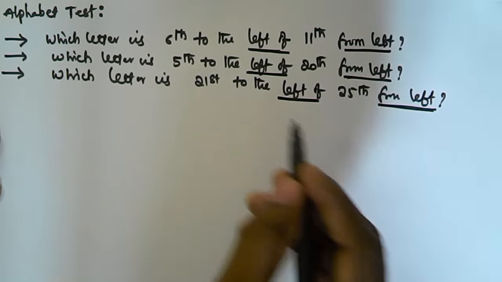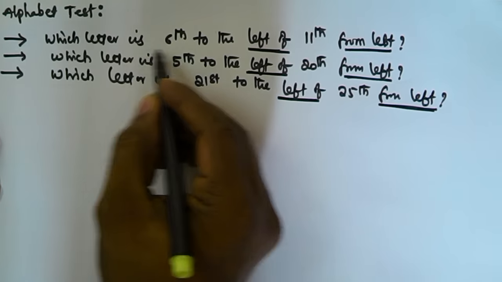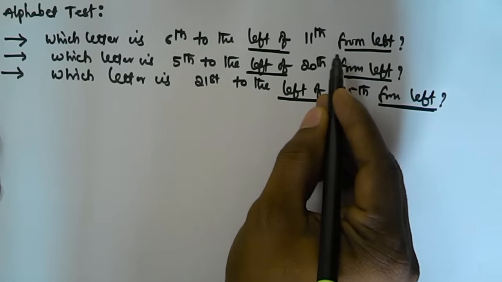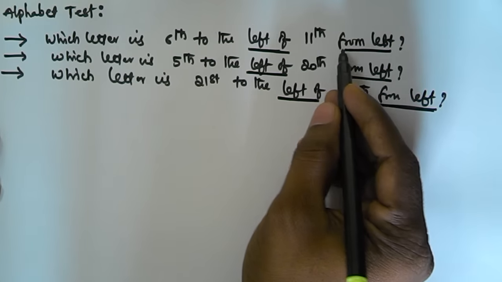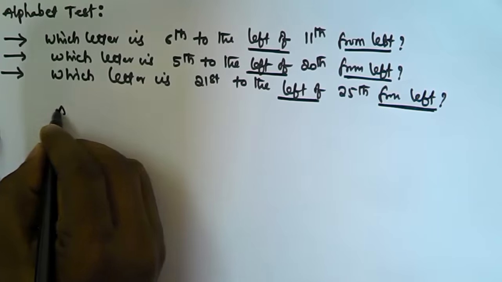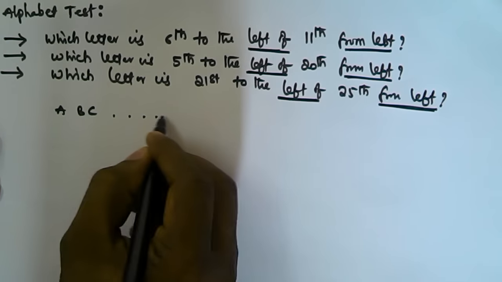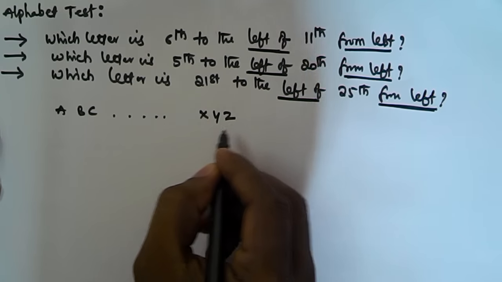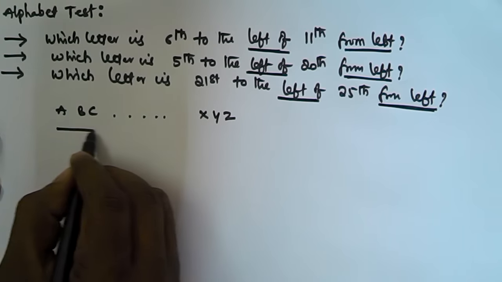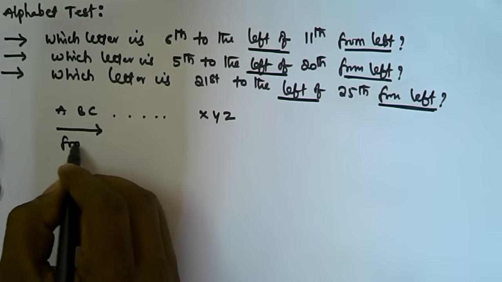Okay, so let us take the first problem, that is, which letter is 6th to the left of 11th from the left, right? So if A, B, C and so on, X, Y, Z is there, and you are counting from here, this is from left.